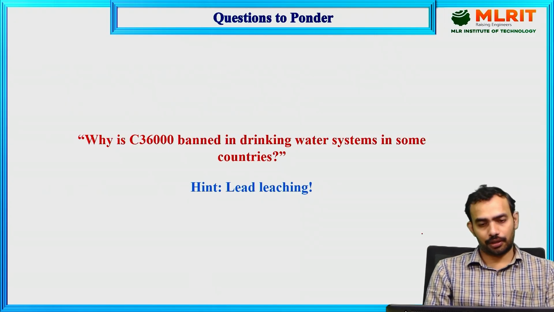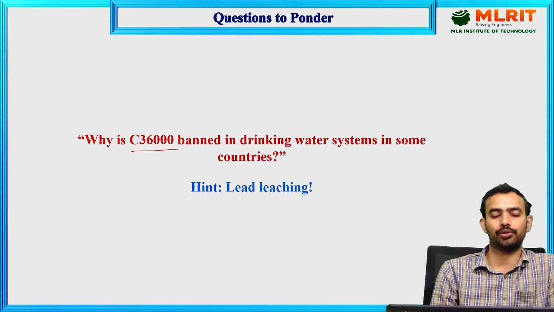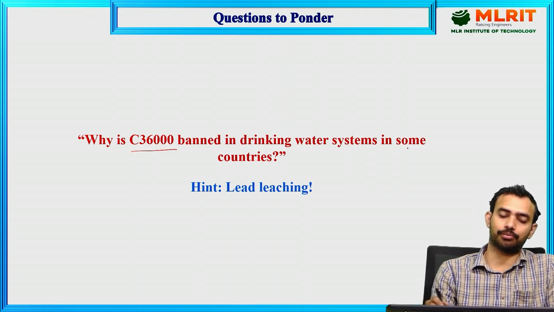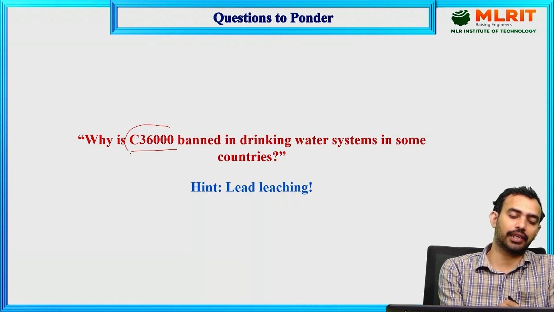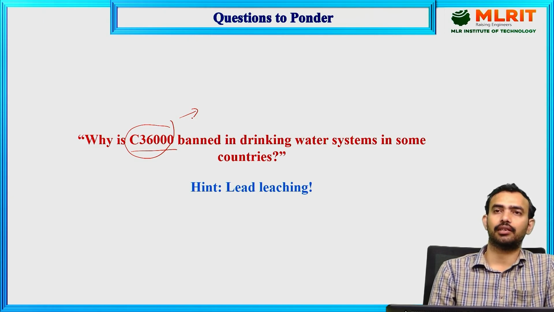So here is your question for pondering. Why is C36000 grade banned in drinking water systems in some countries? C36000 grade brass is leaded brass basically. Leaded brass is banned for use in some drinking water systems in some countries, not all.